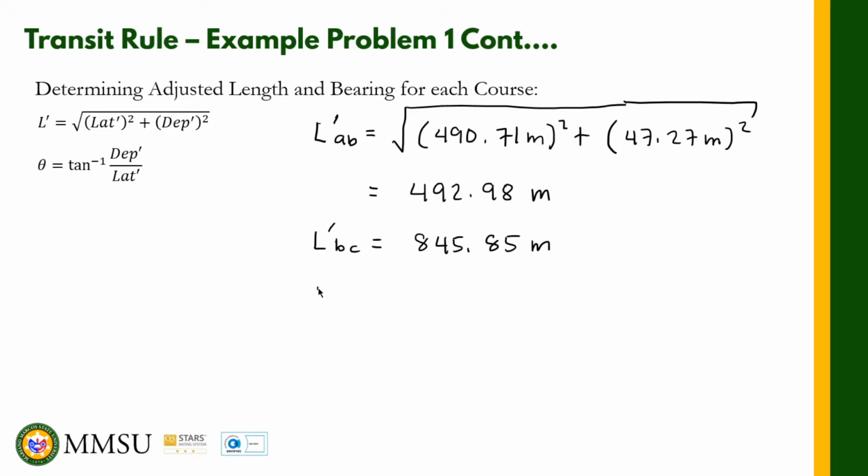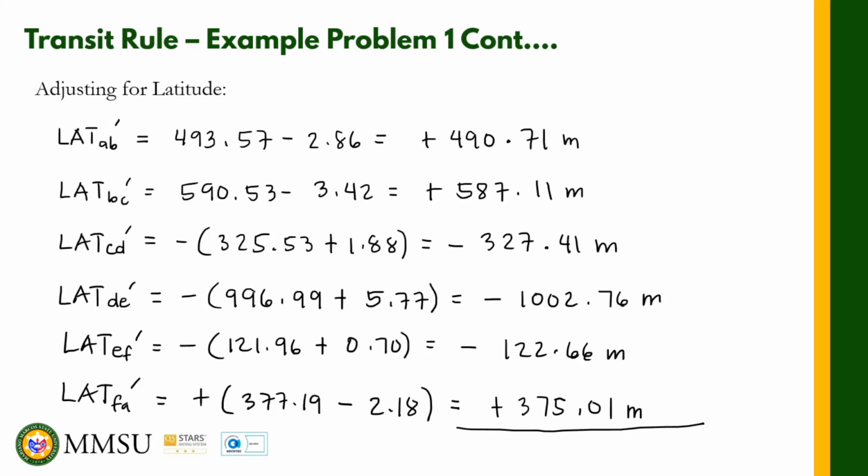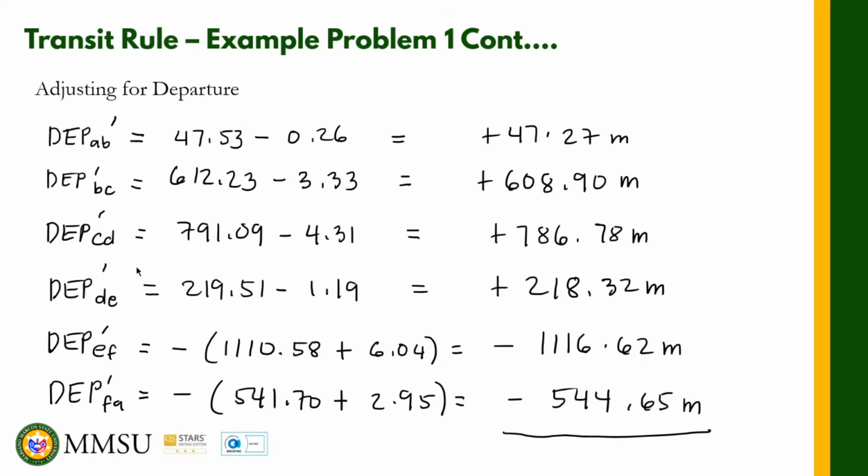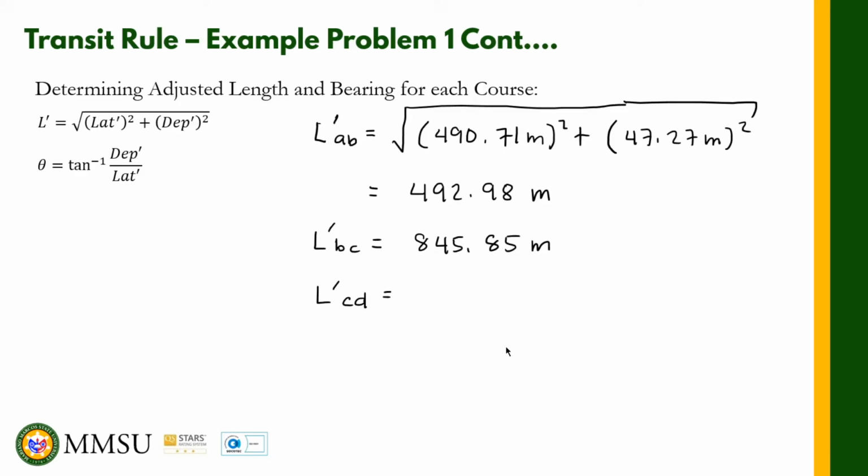And then, for the adjusted length of CD, we will do the same. That's the square root of 327.41 meters squared plus 786.78 squared. And we should come up with an adjusted length of CD equal to 852.19 meters.